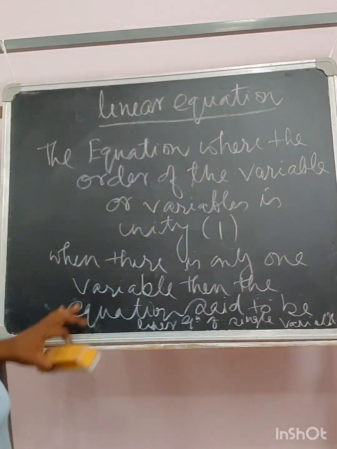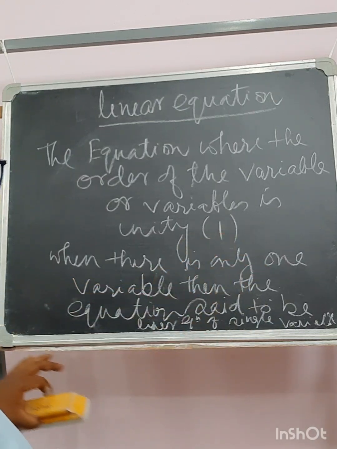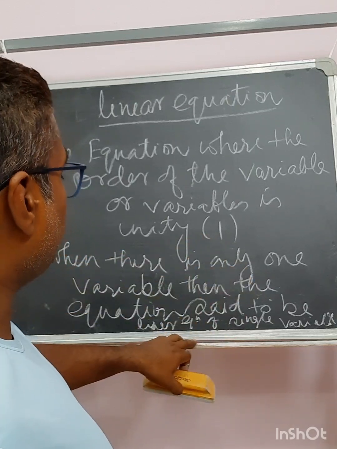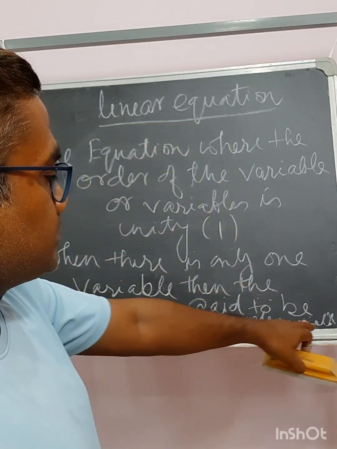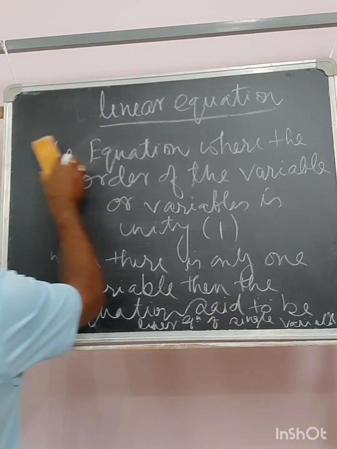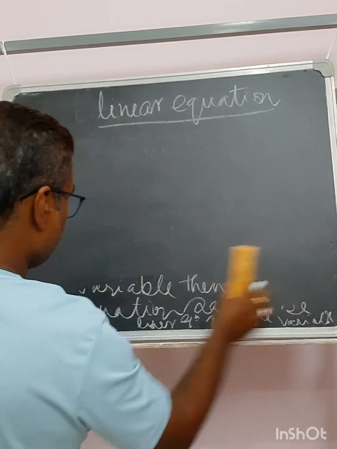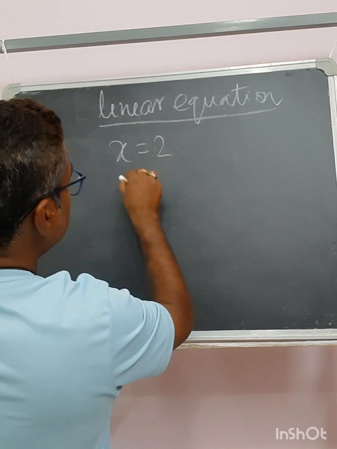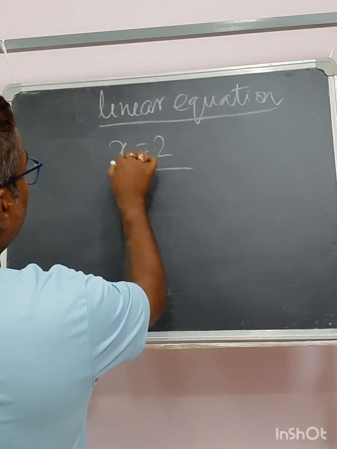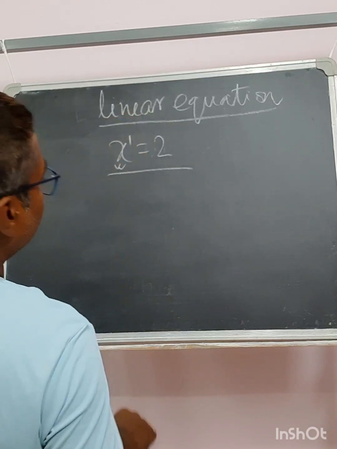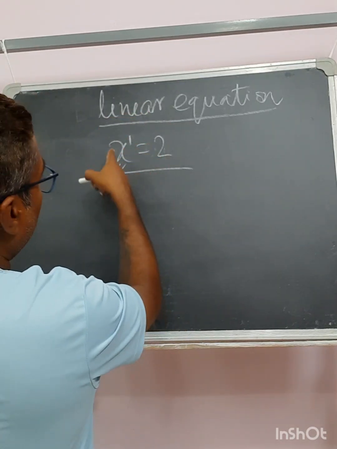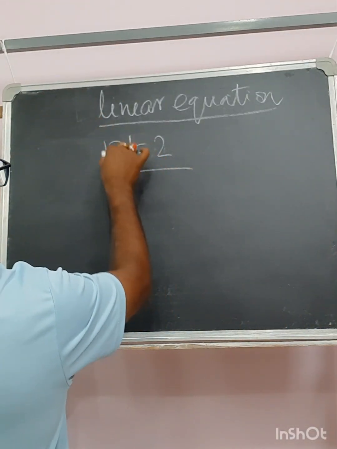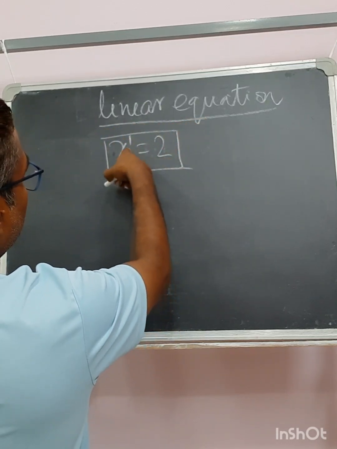So when we get only one variable and the variable is of order 1, the equation is said to be a linear equation of single variable. Let me take an example. If I say x equal to 2, the simplest one, the variable has order 1 and only x is a variable, there is no other variable. So this is called a linear equation of order 1.